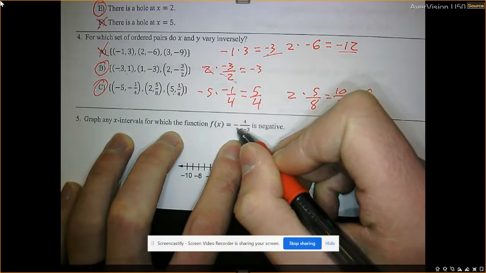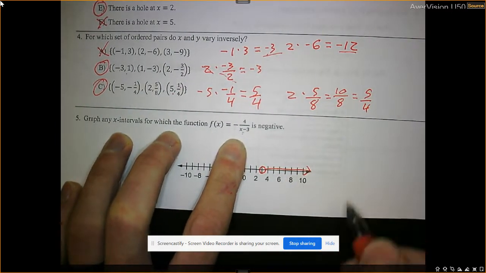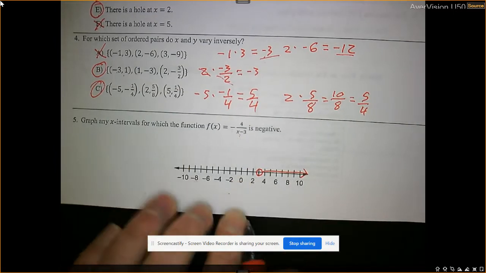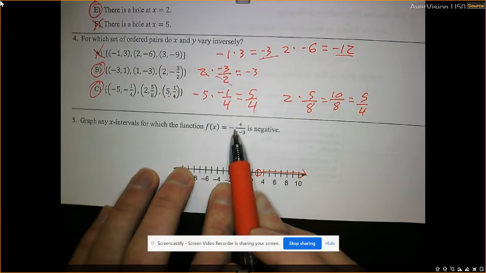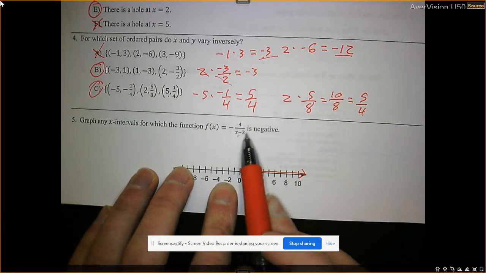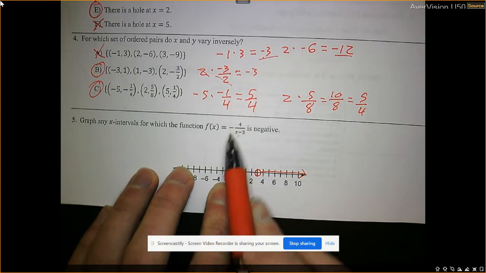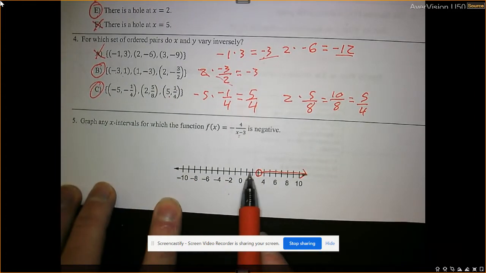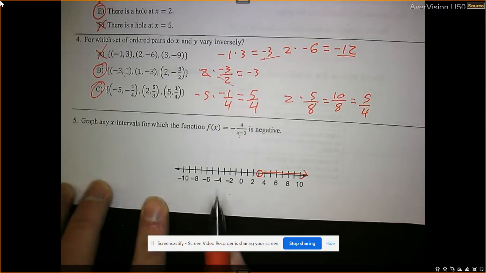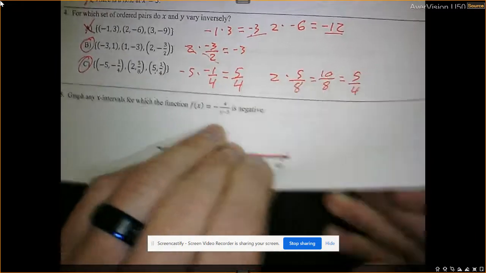But you have a negative out front, so that's why it's going to be making it negative. If you had a negative denominator, well then 4 over a negative is a negative, but that negative out front is going to turn it positive, which is why it's going to be positive for all these values. It's kind of a trickier thing to explain. I hope that made sense.